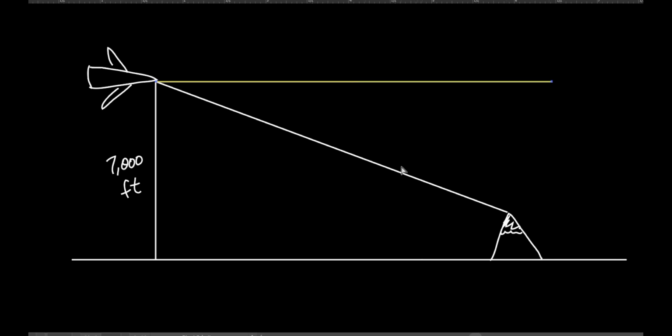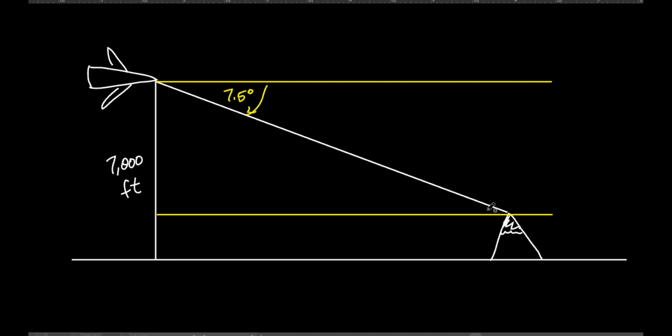And let's draw another horizontal. Just copy and paste that. Put that right here. Like that. So here's all the stuff that they're telling you. They're telling you that the angle of depression is 7.5 degrees. That's your angle of depression, right? From the horizontal down to the line of sight.